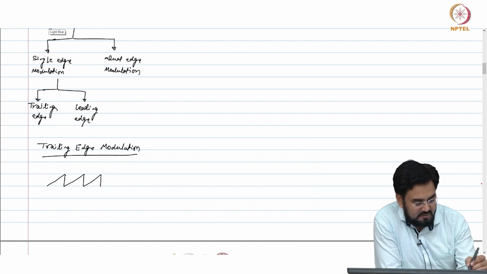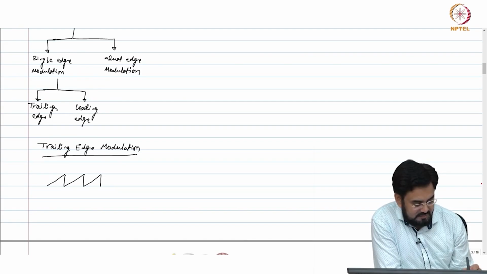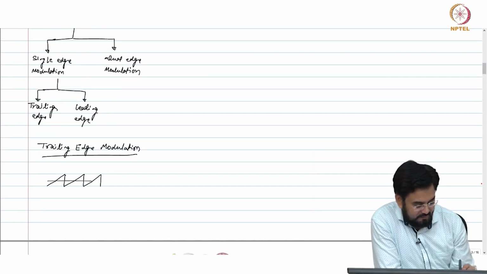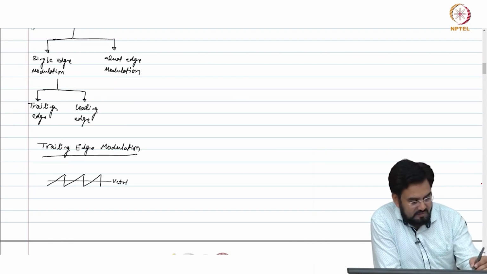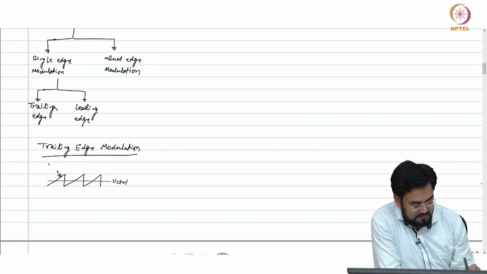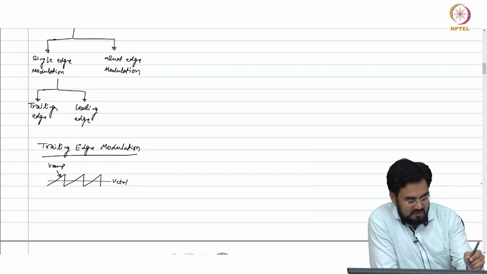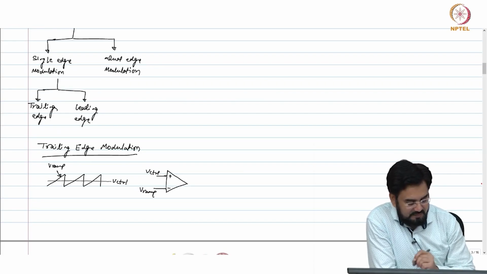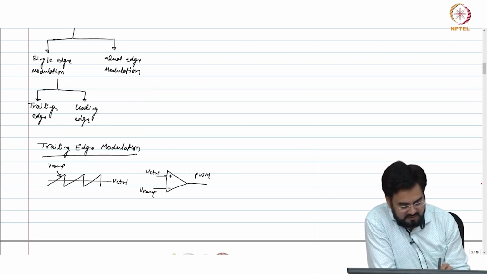So, if we talk about trailing edge modulation, let us say this is your ramp signal, sawtooth, I will call it V ramp, and this is your control voltage VCTRL. Now, if you have a comparator, you apply V control here and V ramp at the negative terminal, and say the PWM output is V of PWM.